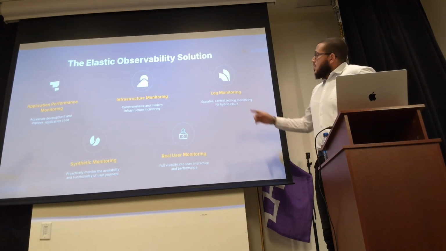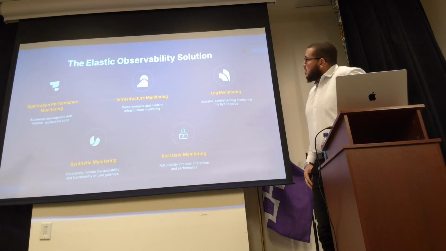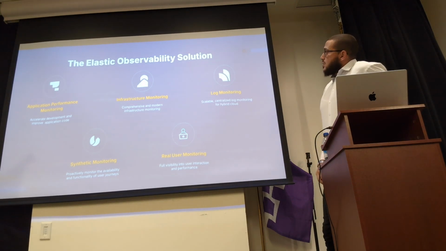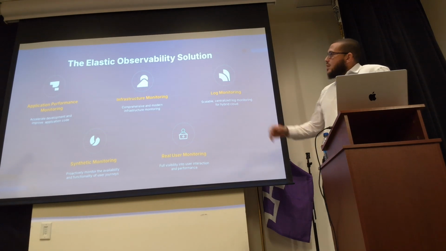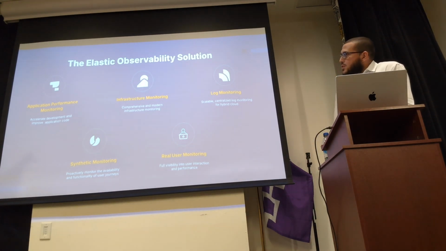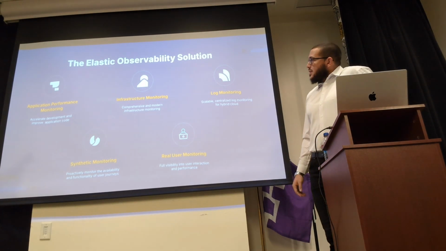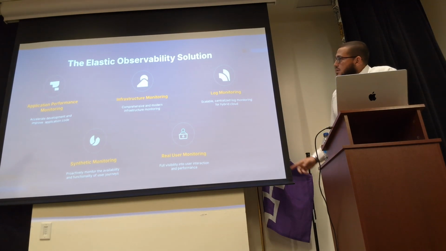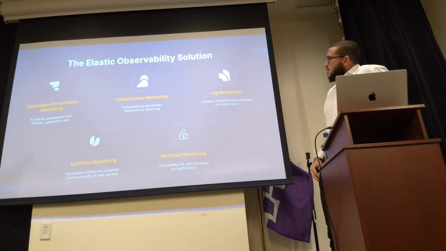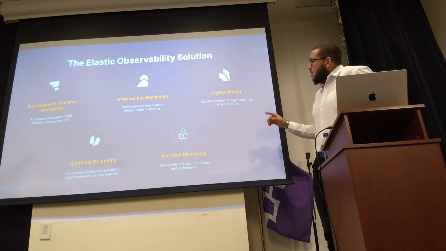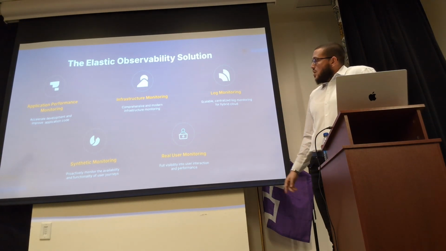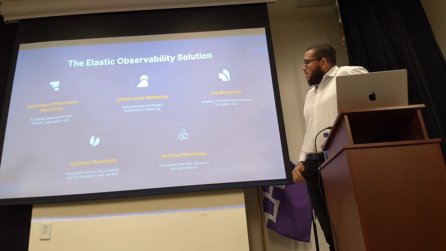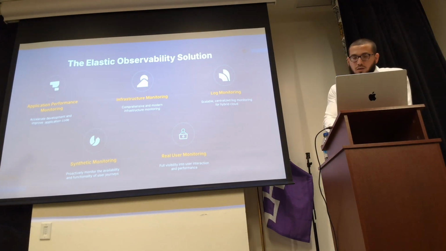You can collect the logs. We can also monitor the infrastructure. We have infrastructure monitoring, and we have APM, or application performance monitoring. We will see each of these three in detail and also in the demo. We have uptime, which is also one of the features, and finally we have synthetic and real user monitoring.